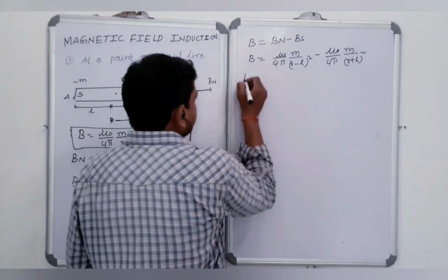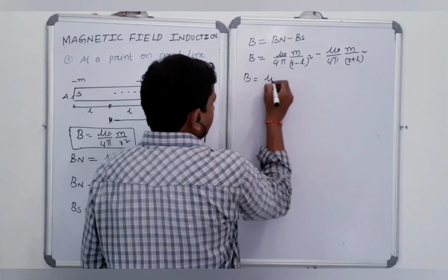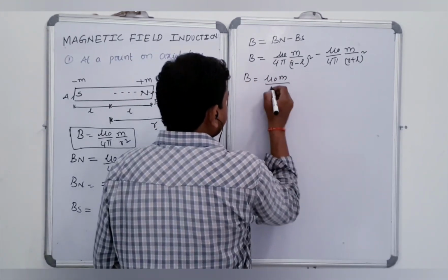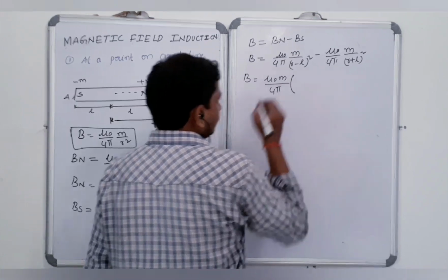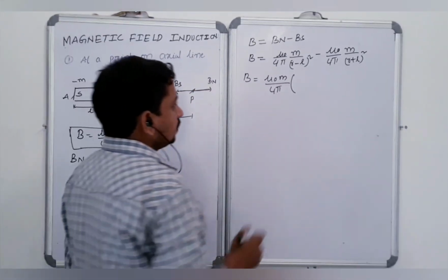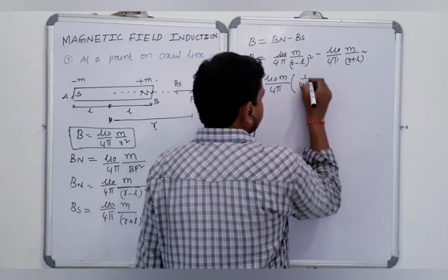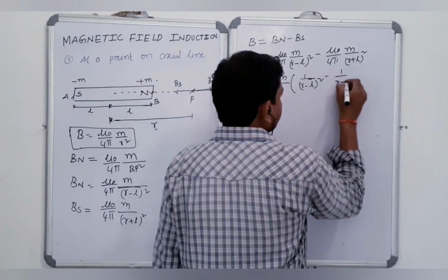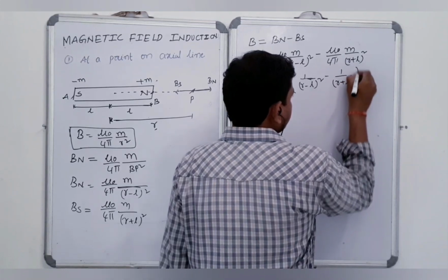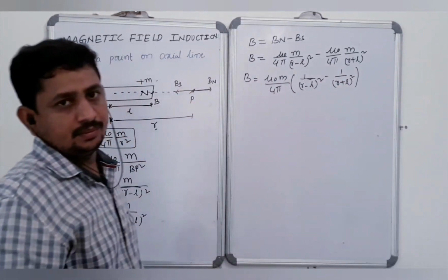Now B is equal to, let us take common mu naught m by 4 pi. What are the remaining terms here? 1 by r minus L whole square, minus 1 by r plus L whole square. These are the terms.